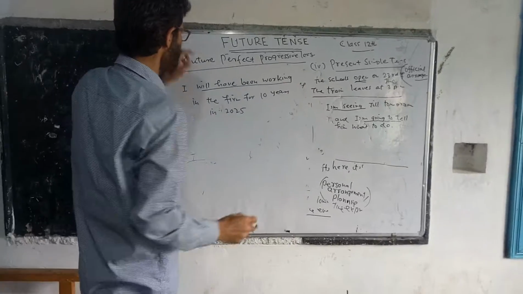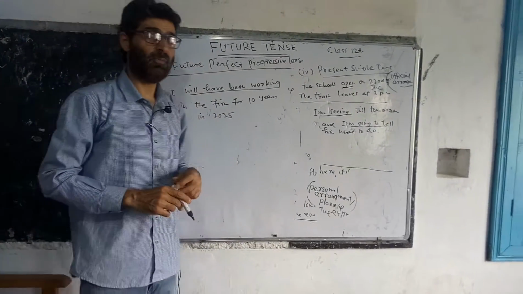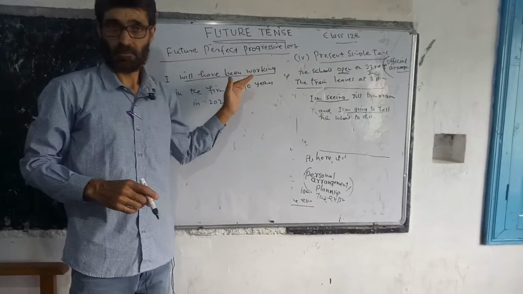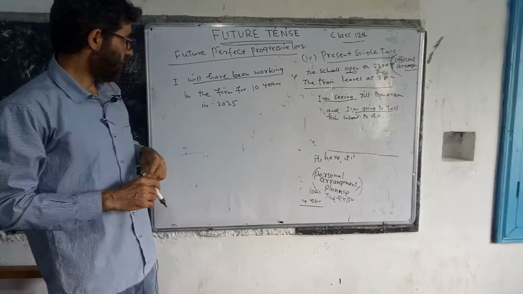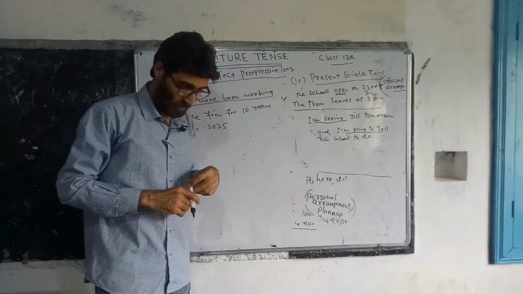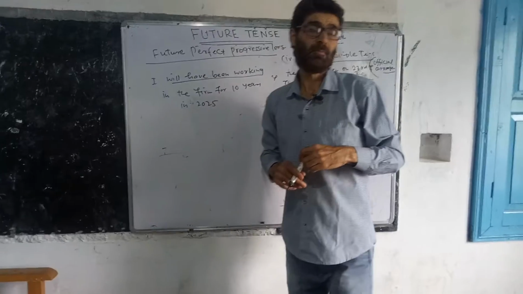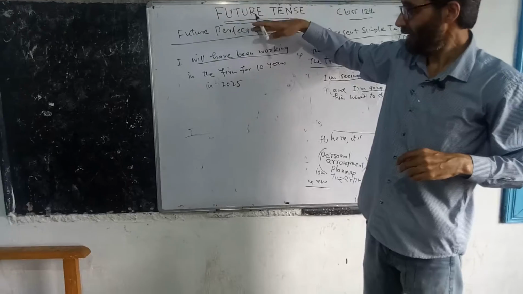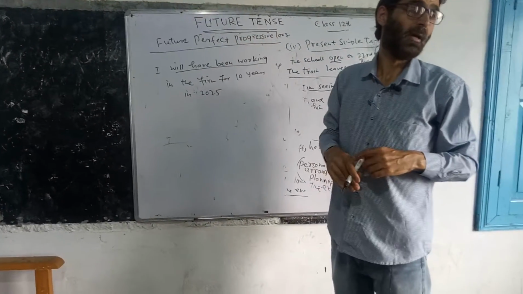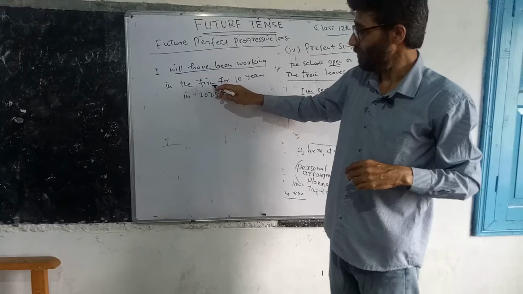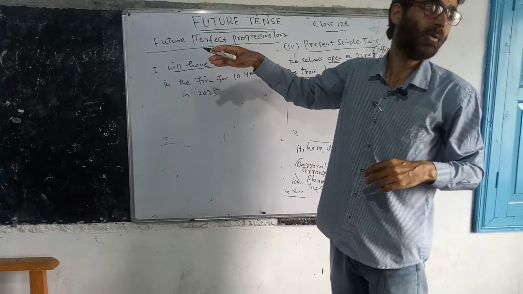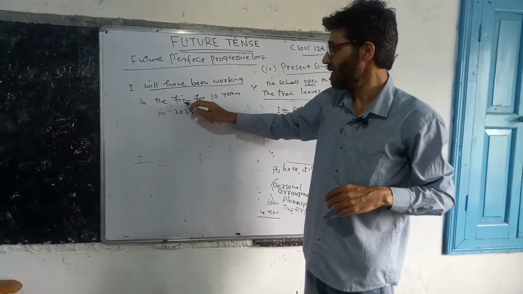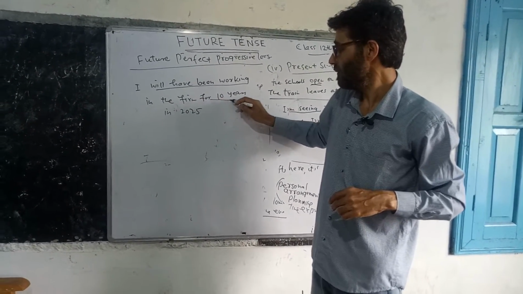Will have been working, future perfect progressive tense. तो उस वक्त मैंने future में इतना time ये complete मैंने किया होगा वहाँ पे. ठीक है ना? So what does this show? This shows an action will be completed. I will have been working there, but I would have completed that much of my work during that period. So I will have been working in the firm for 10 years in 2025.